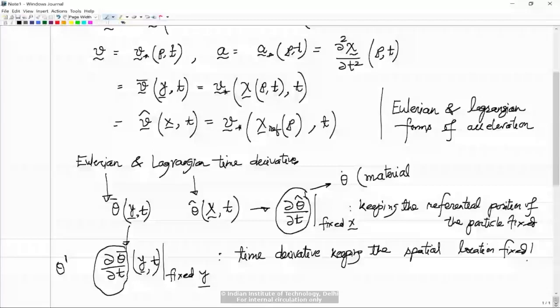But at a given spatial position y, you don't have a unique particle, because at different times you have different particles at the same spatial position. But at a given reference position x, you always have a unique particle. So keeping reference position fixed is the same as keeping the particle fixed. Okay, that's why it's also called material time derivative.